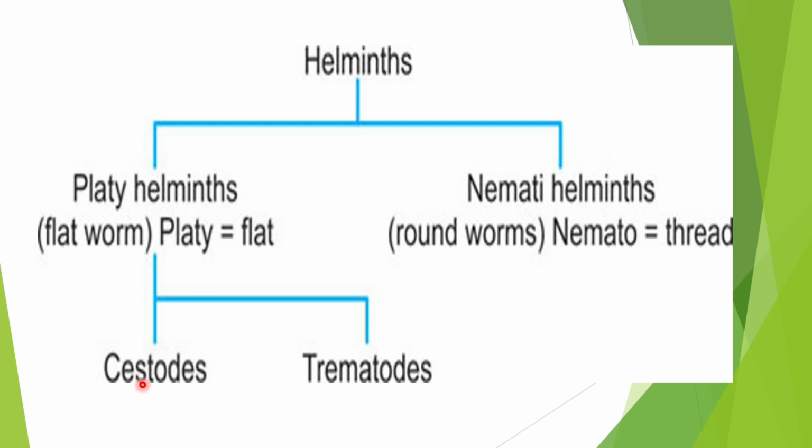Tapeworms come under cestodes and flukes under trematodes. The length of a tapeworm is 5 mm to 20 meters, the length of a trematode is 1 mm to 3 cm, and the length of a nematode is 1 mm to 1 meter.